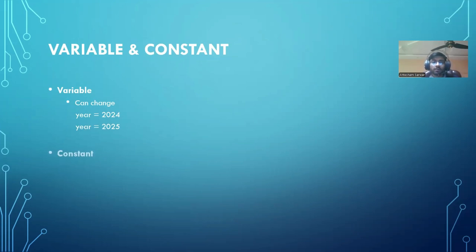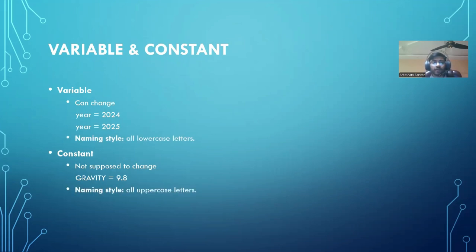In the case of a constant, you are not supposed to change its value throughout the program. For example, if you have a gravity value constant in your program, then you are not going to change it later. We name variables with all lowercase letters, and we name constants with all uppercase letters. That's just a naming style.